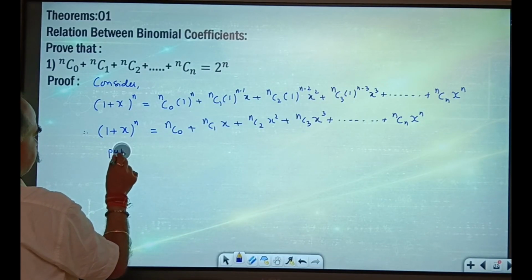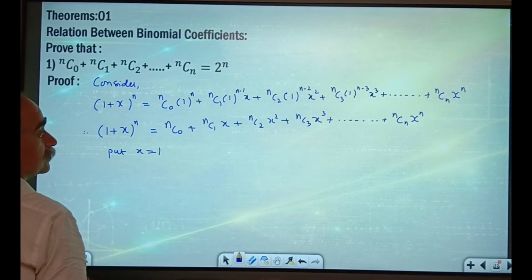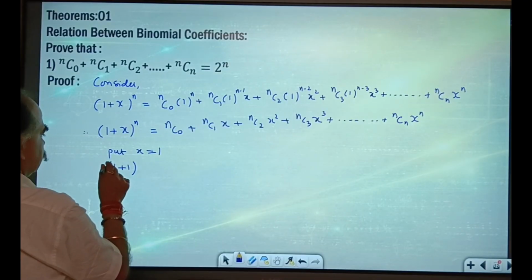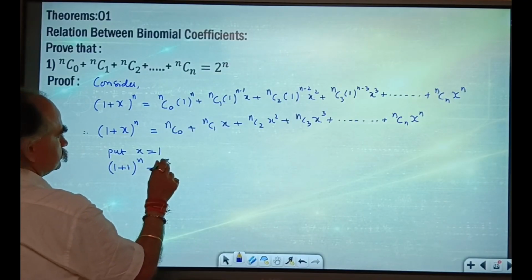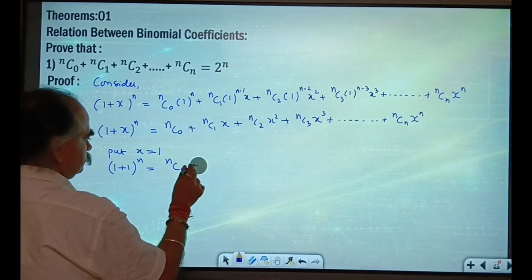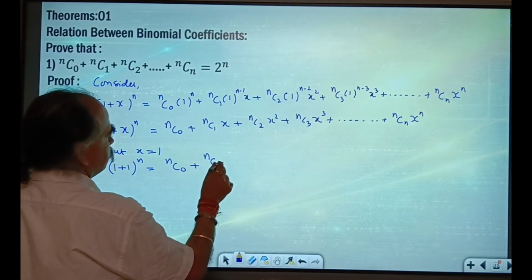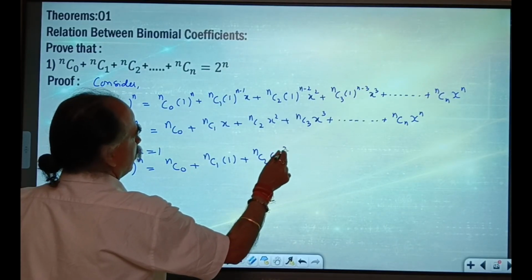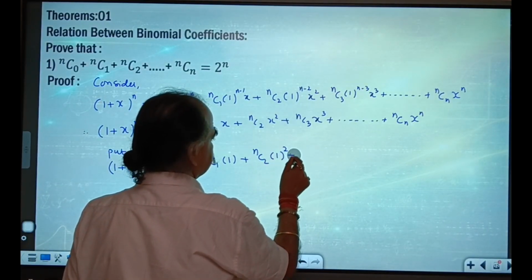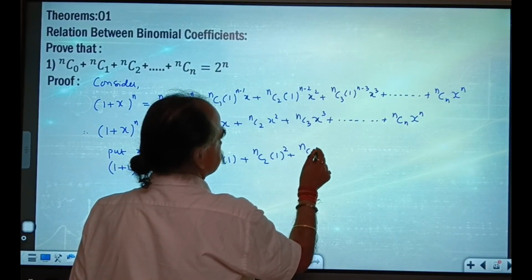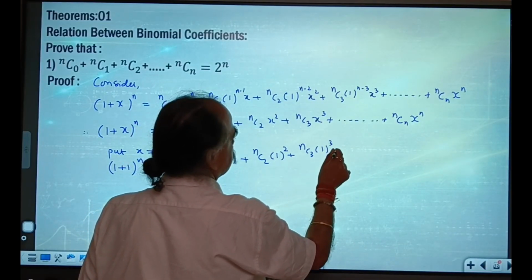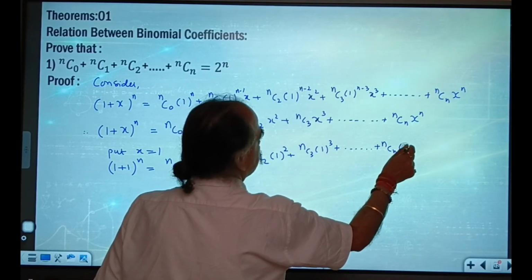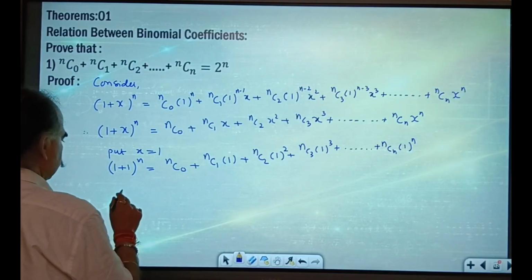Put x is equal to 1. When we substitute x is equal to 1, it will become (1 plus 1) raised to n, equal to nC0 plus nC1 into 1 plus nC2 into 1 square plus nC3 into 1 cube plus nCn into 1 raised to n.